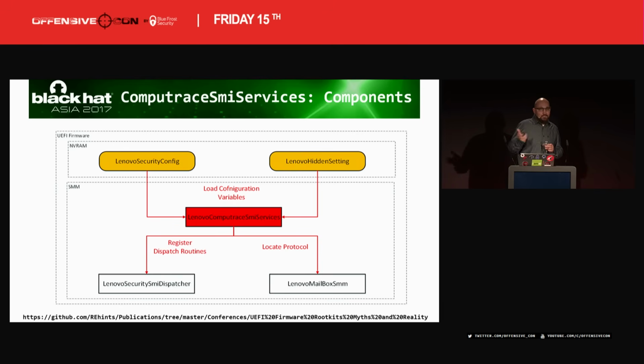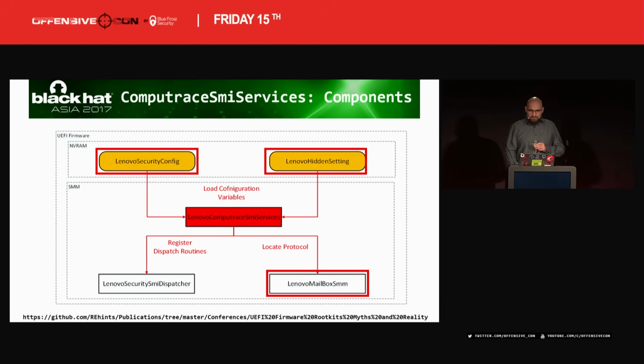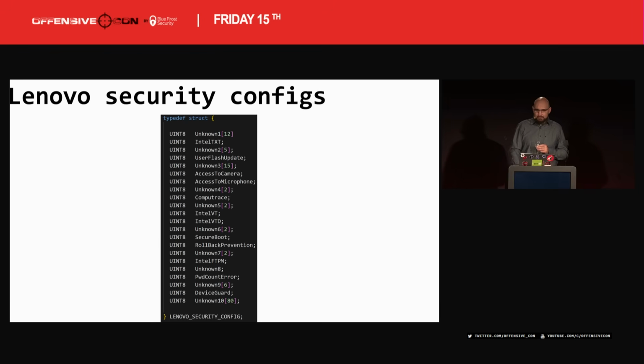CompuTrace has an SMI service broker, which manages SMI calls between different components, and it also has a secure way of communicating with sensitive components over a mailbox in SMM. But if you reverse engineer the interface, you can properly communicate with the SMI handlers without even needing to go into the mailbox, which is also quite scary because it makes things easier for the attacker to understand.